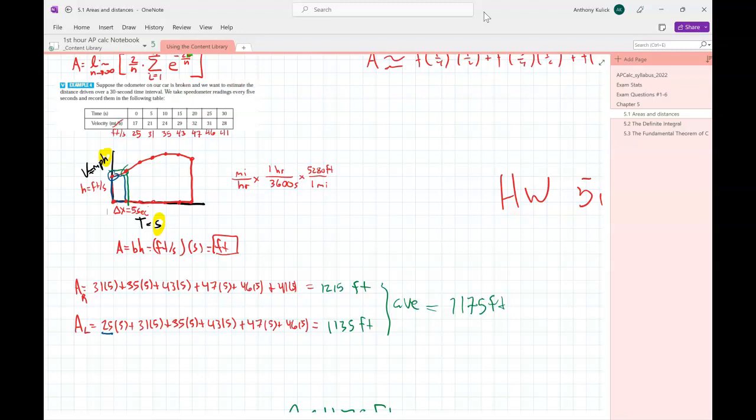Ideally, how small would I want? Infinitely small, because then it's exactly the right value, but good luck doing that. Does that feel okay?